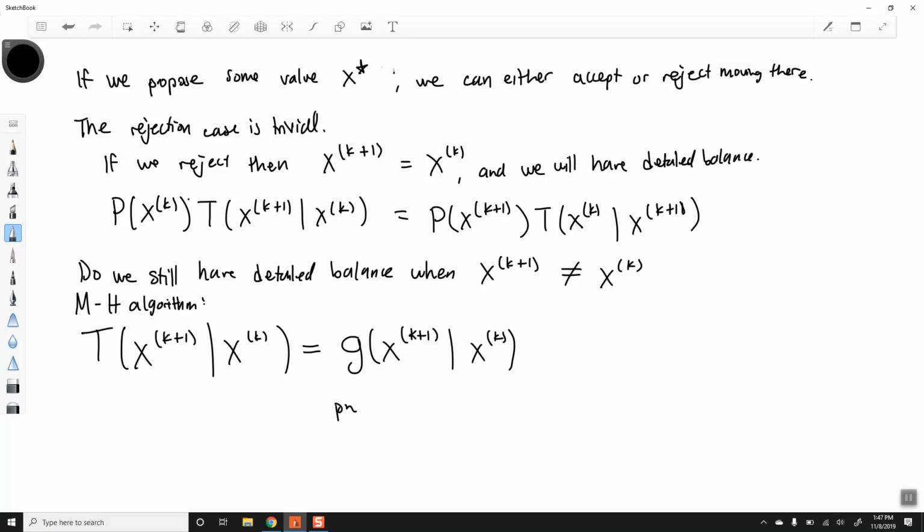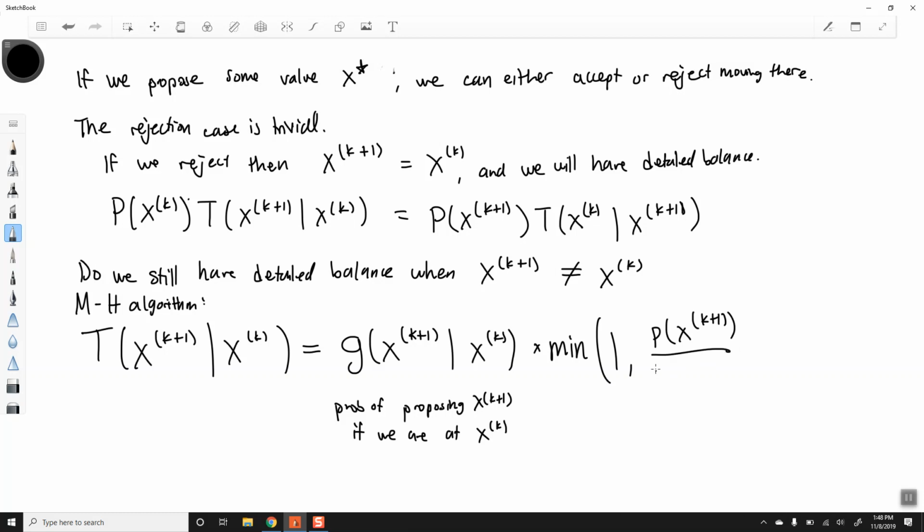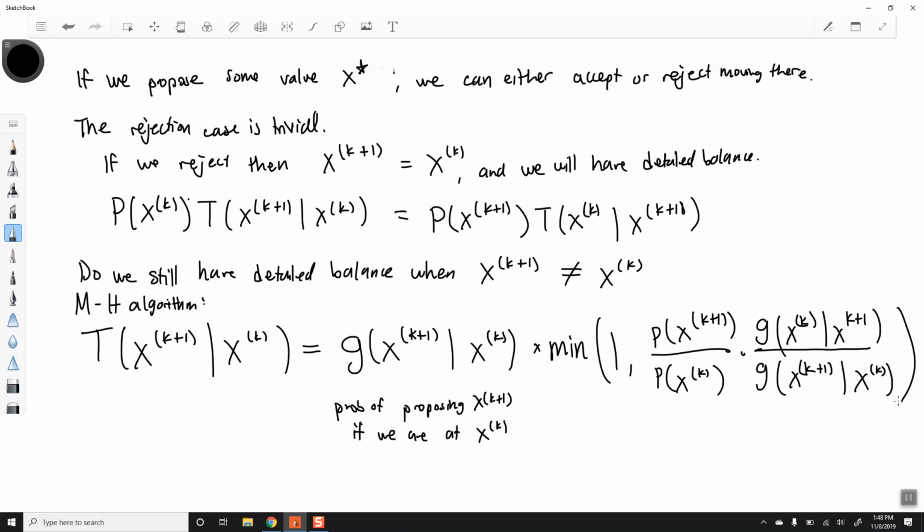So this is the probability of proposing x k plus 1 if we are at x k, times the probability of moving there, which is the minimum between 1 and the target PDF of the proposed value divided by the current value, times kind of the... is that okay?